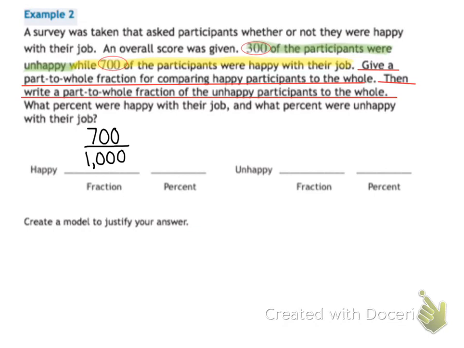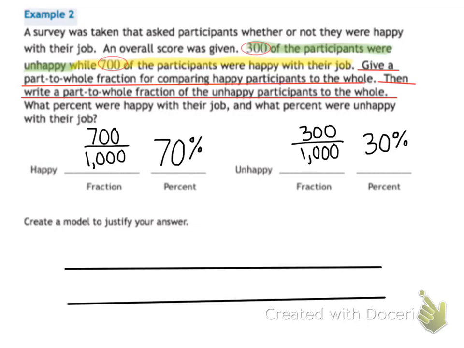So 700 out of 1,000 participants were happy with their job. That equals 70%. Now I need to answer the number of unhappy participants. Well, I know that 300 of the participants are unhappy, and that's 300 out of 1,000, and the percent is 30%. I'm now going to create a model to show you.